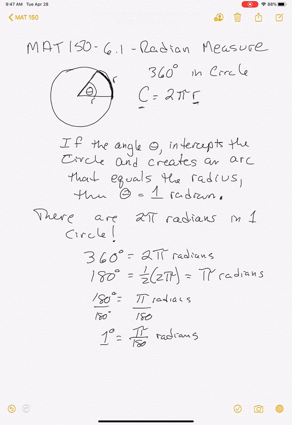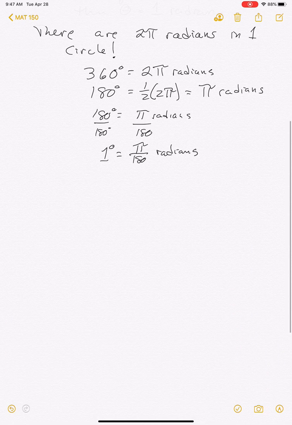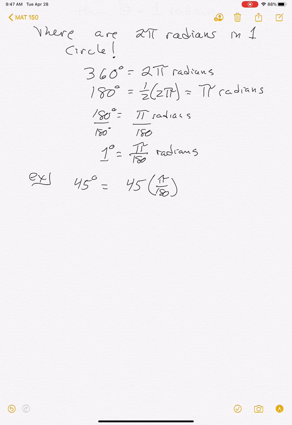So if I had 45 degrees, for each of those degrees I have pi over 180. 45 goes into 180 4 times. So a 45 degree angle is pi over 4 radians.